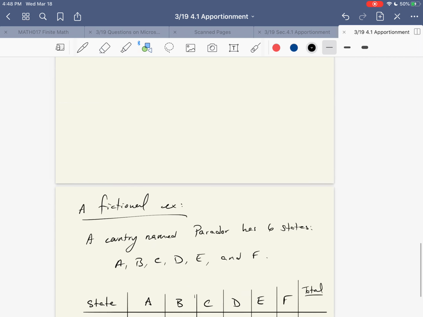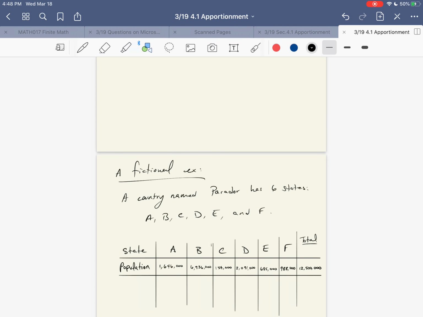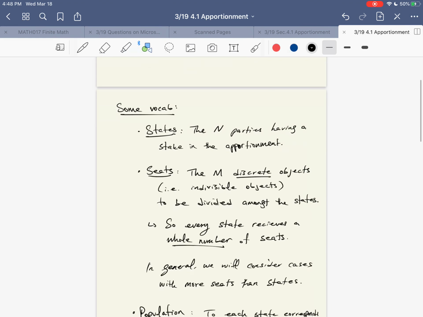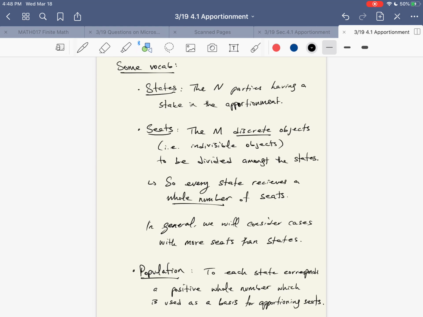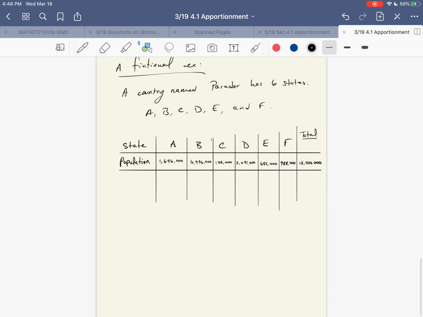So, now that we have our populations, our states, what other information do we need to know? Well, we need to know how many seats we want to divide up between the states if we want to do any apportionment here.